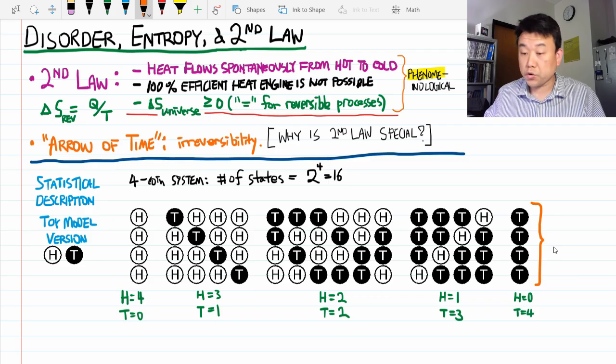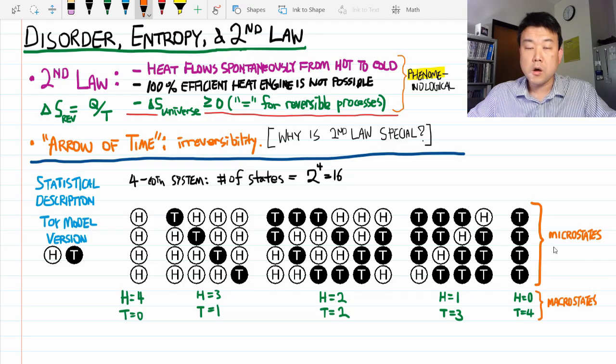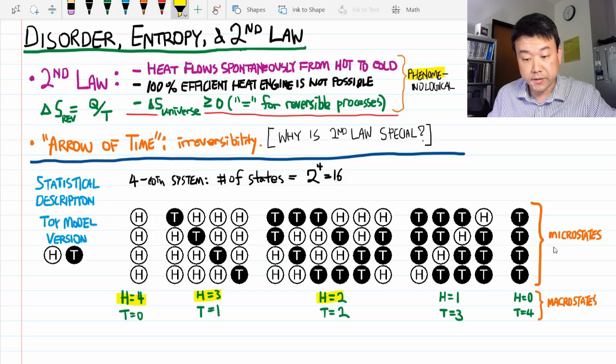The states shown on top are called microstates, and the states shown on the bottom are the macrostates. All the descriptions of thermodynamic systems we have been using so far are the descriptions of macrostates. You can kind of see that because the macrostates are characterized by the average quantities or the aggregate quantities.